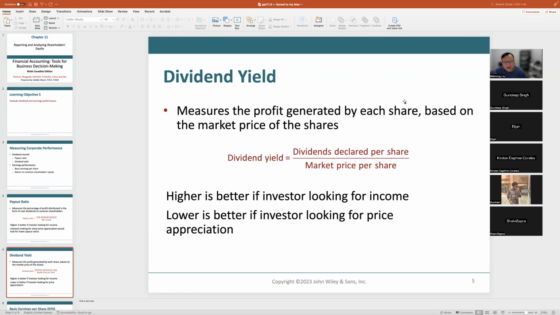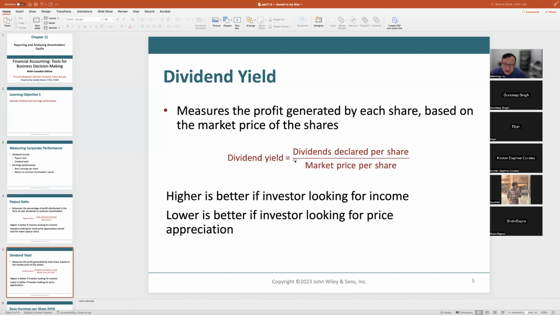Dividend yield. Again, dividend yield is also a division. The numerator is dividends declared per year, that is, the dividend the company has declared that year, divided by market price per share.